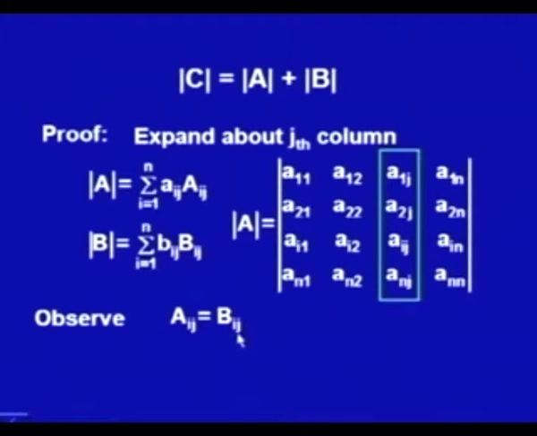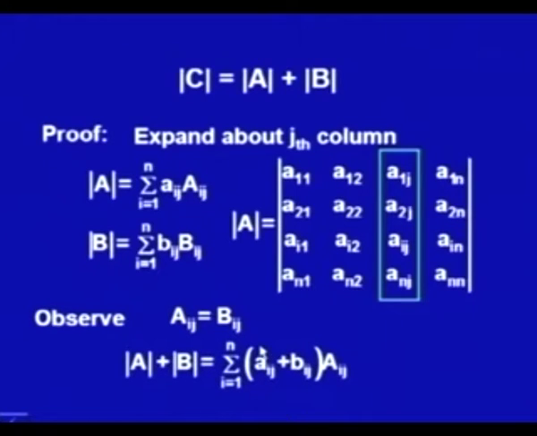Bij is the cofactor in the B matrix by eliminating this column and this row, but this is the only difference in A and B. So, this cofactor Aij will be equal to Bij, and this means determinant A plus determinant B is equal to the sum of Aij plus Bij, where the cofactor is common.